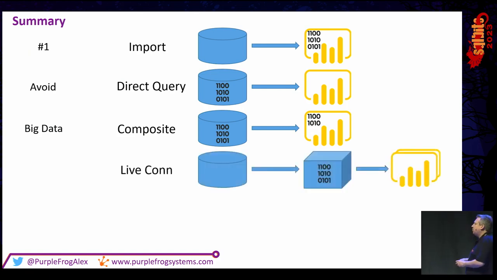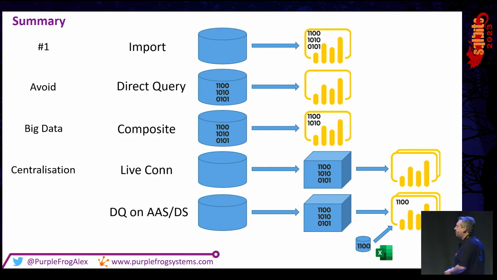We looked at live connection, where you can reuse data sets or reports and allow people to create their own reports. That gives you the centralization aspect of it, the reuse of logic. Then we looked at the new DQ model, which layers the customization and flexibility over the top of that centralization.